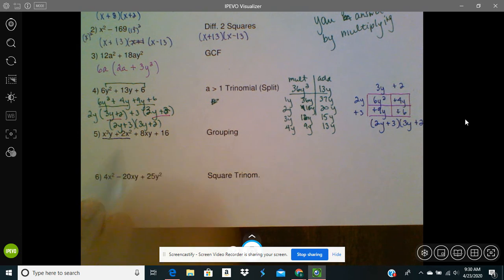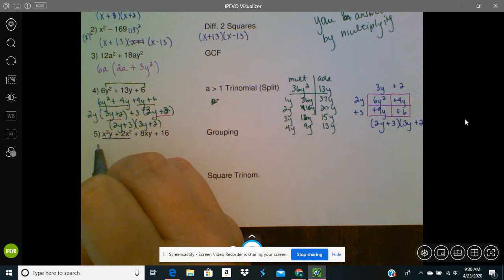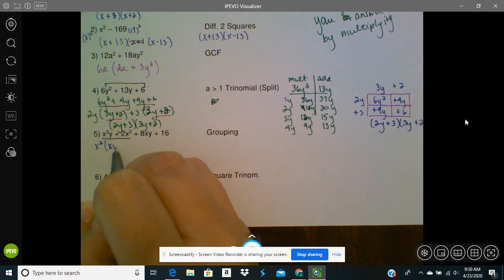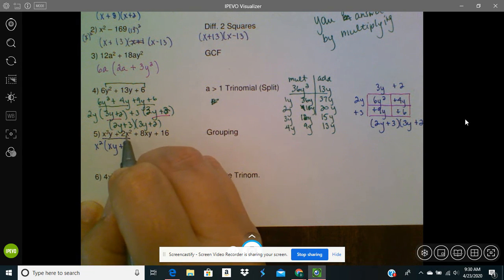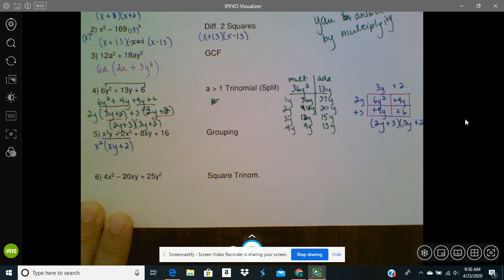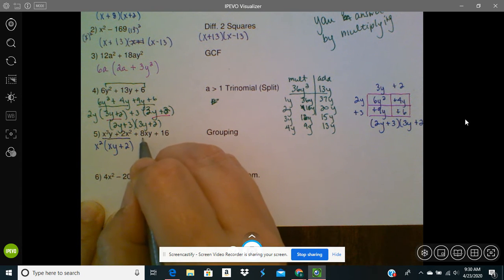So what's the greatest common factor of x cubed y and 2x squared? That would be x squared, young grasshopper. Okay. What's x cubed y divided by x squared? xy. What's 2x squared divided by x squared? That's a 2. All right. Now, let's look at these two.